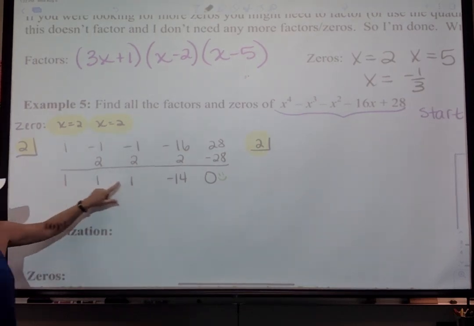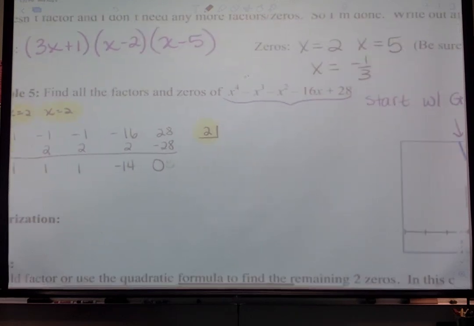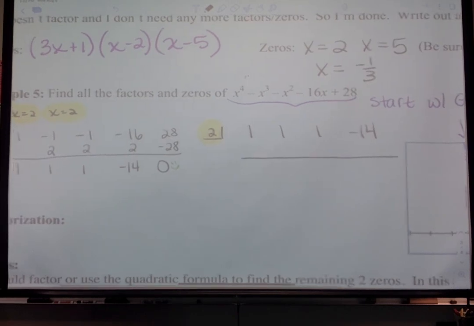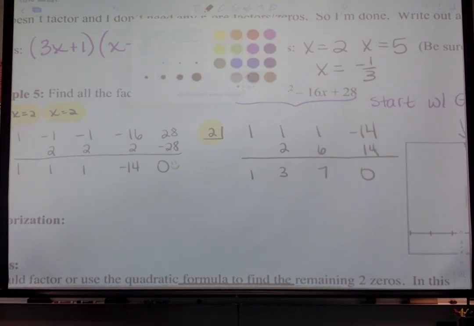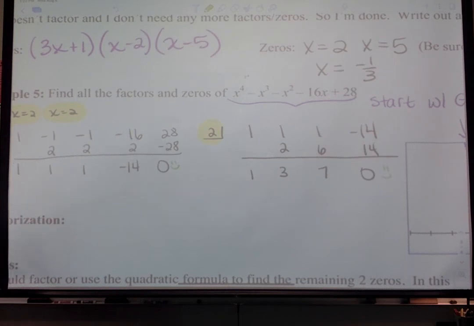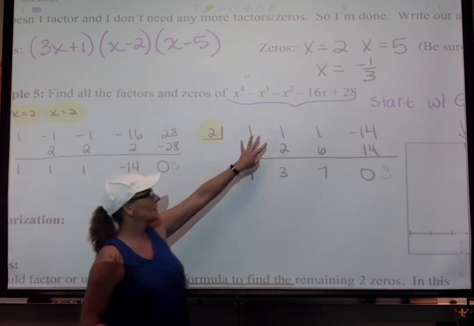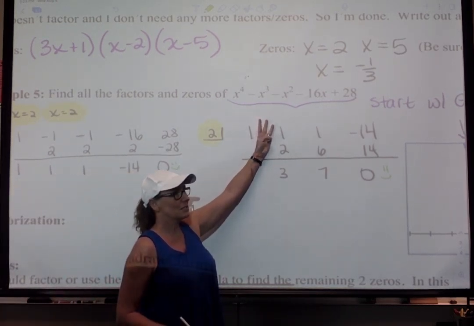So I'm going to go 1, 1, 1, negative 14. This was a cubic. We sent a 0 through.